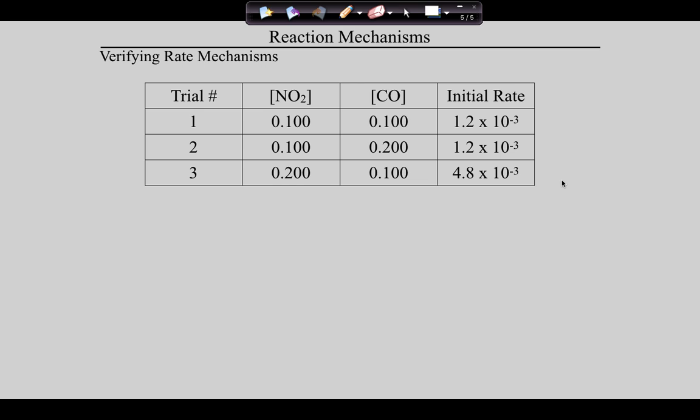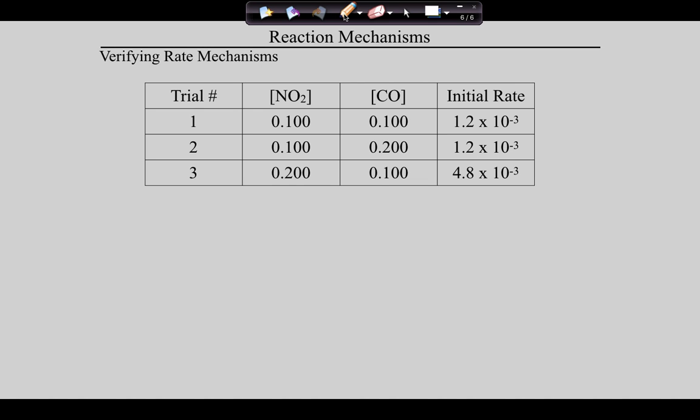Then referencing trials 1 and 3, where CO is our control and the concentration of NO2 doubles and the rate goes up by a factor of 4, making NO2 a 2nd order reactant. Is that okay? So now we can write the rate law.